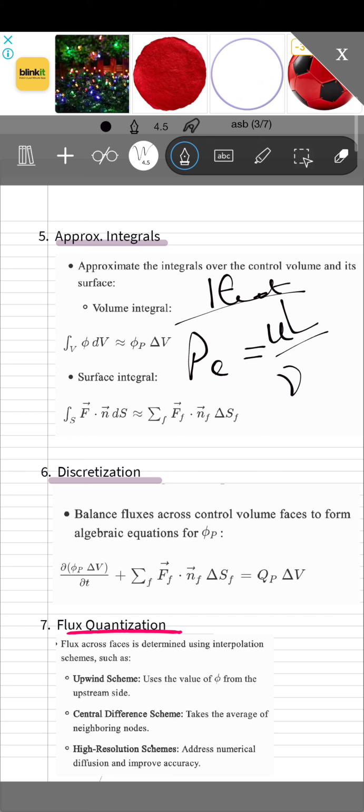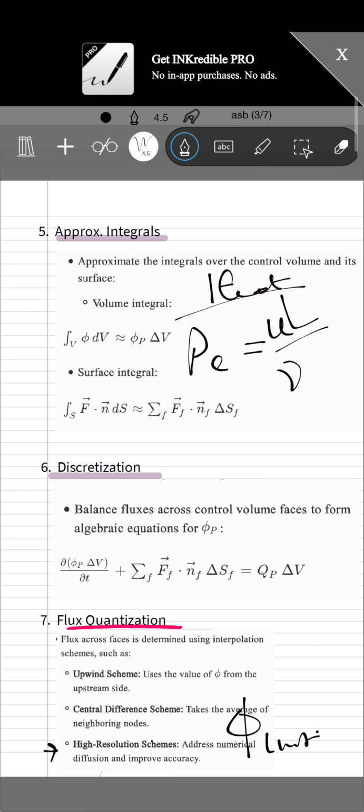So for those regions we need to limit the flux. So there is something called a limitation associated with the flux, and these limitations are mainly done by this high resolution scheme. So they have an additional advantage of having a flux limiter.